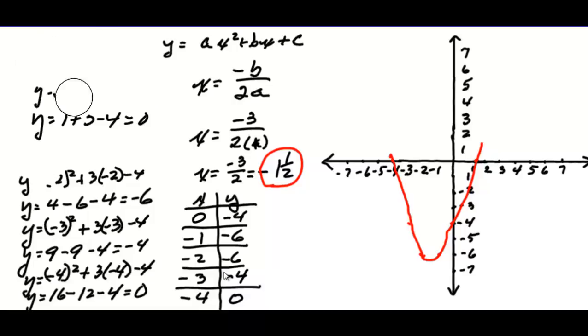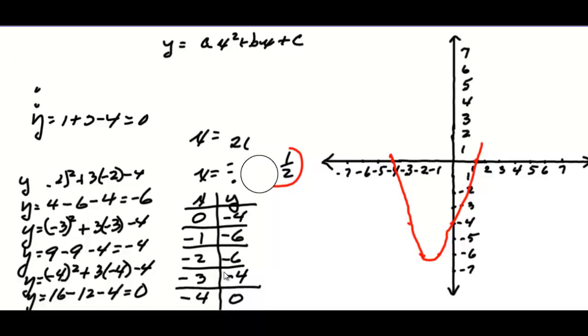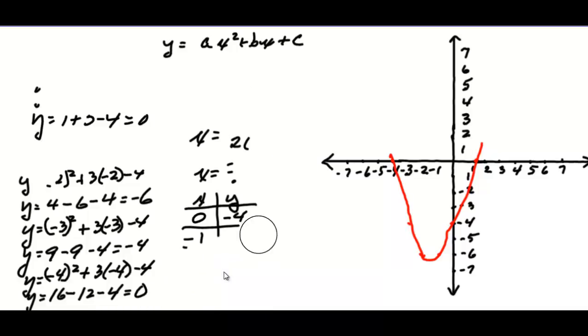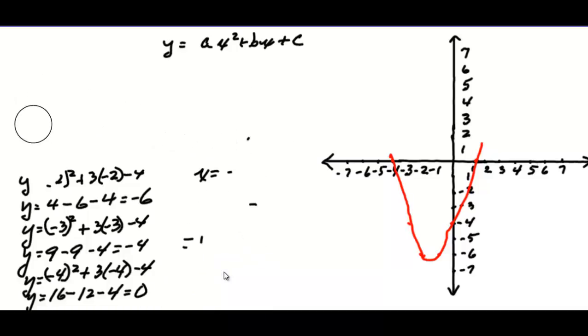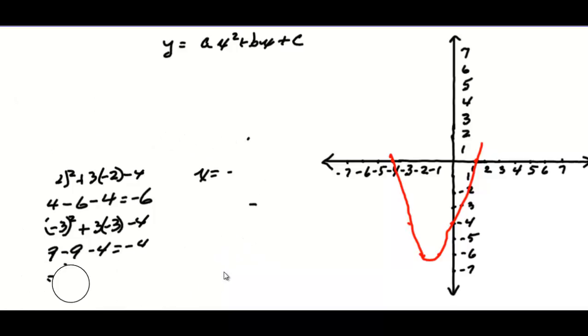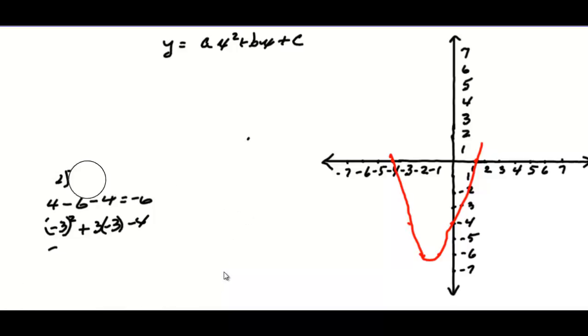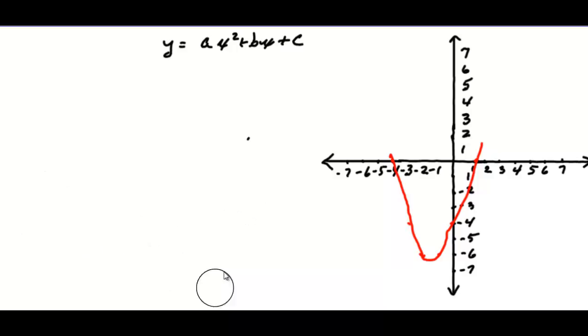Looking at problem number 16. And I'm erasing everything to include, unfortunately, my x equals minus b over 2a, but we can put that back up here. Sorry about that, x equals minus b over 2a.